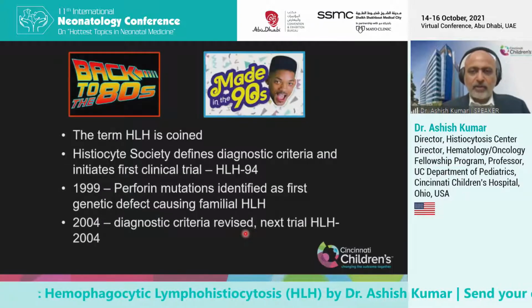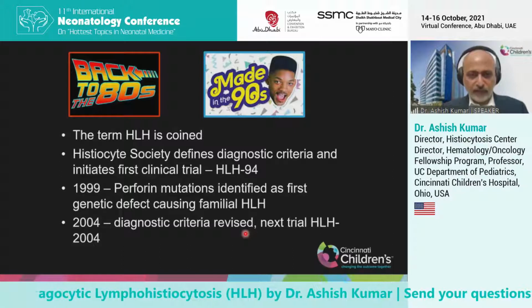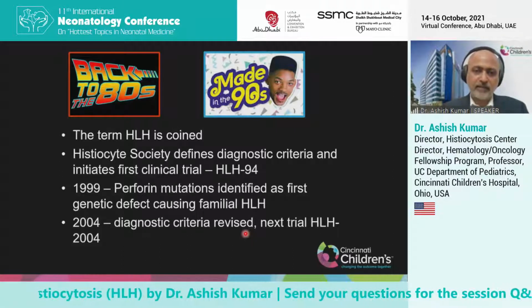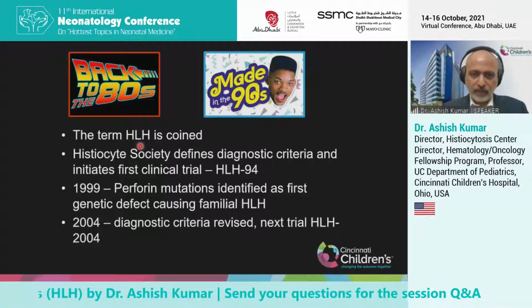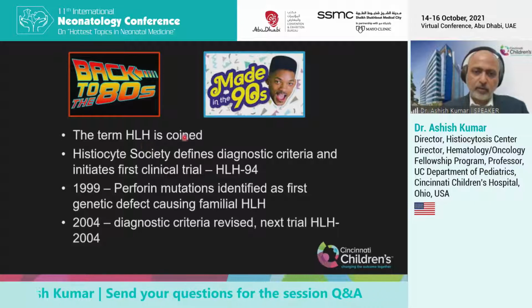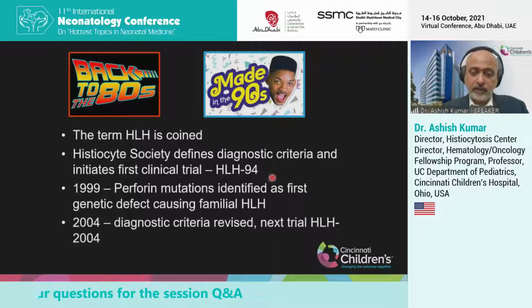So this has been known for a while, but then finally the Histiocyte Society came together and in the 80s and 90s came up with this terminology of HLH. The Histiocyte Society also came up with diagnostic criteria, and they conducted a clinical trial called HLH-94 because it was 1994 when the trial started.